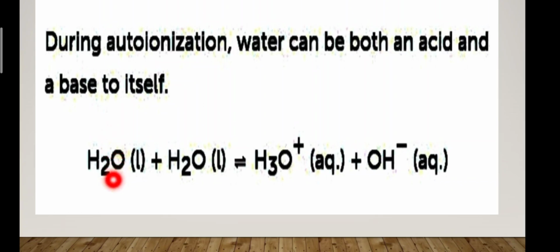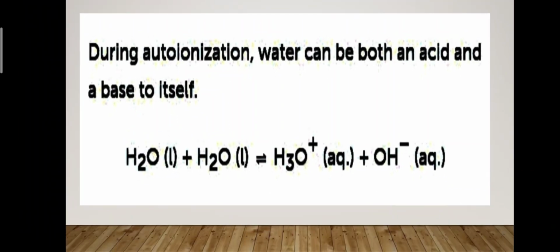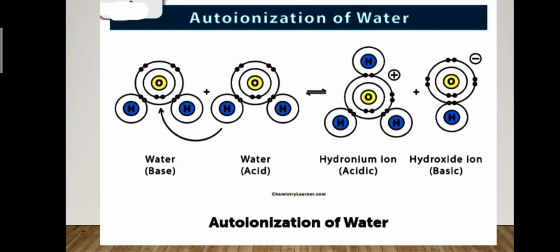This water molecule acts as a base because it accepts the proton and forms H3O positive, and the second molecule of H2O acts as an acid because it releases its proton. It is the autoionization of water molecule.